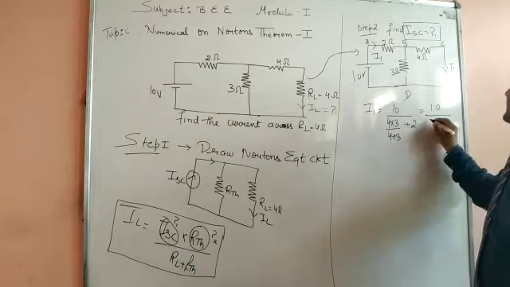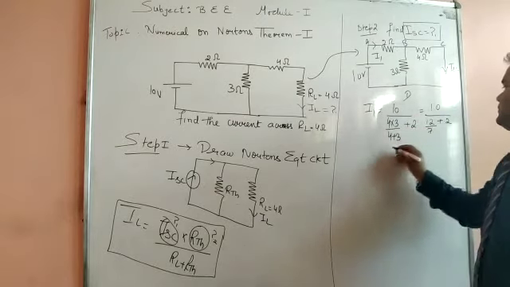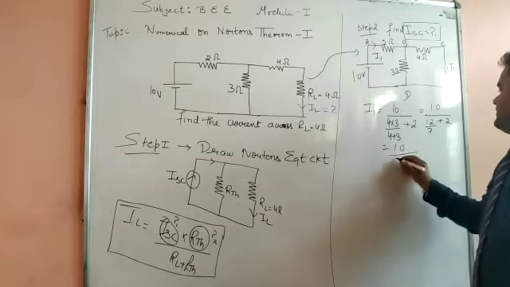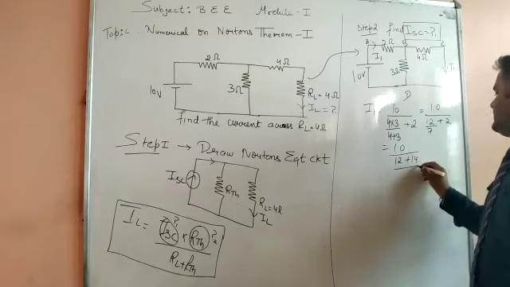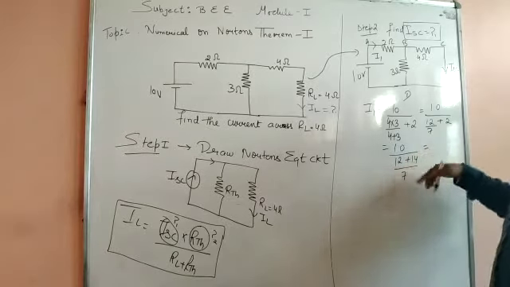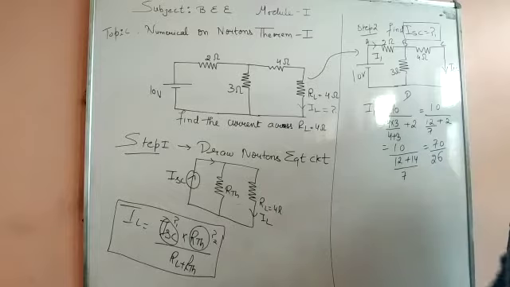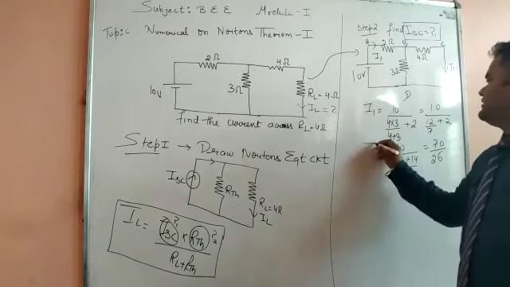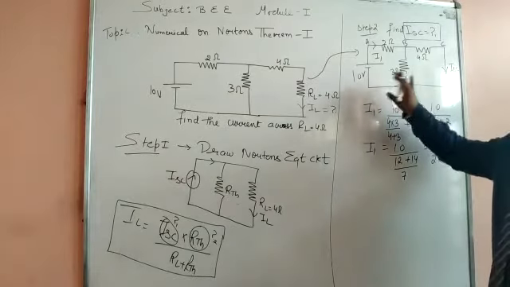Therefore, the answer is 12 upon 7 plus 2, and the total is 10 upon (12 plus 14) upon 7. That is 70 upon 26. This is I1, that is the incoming current of this circuit.